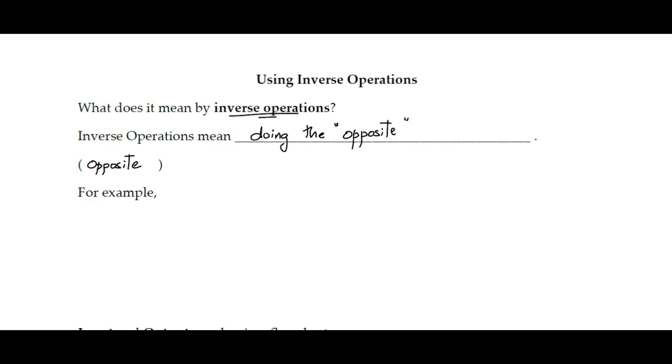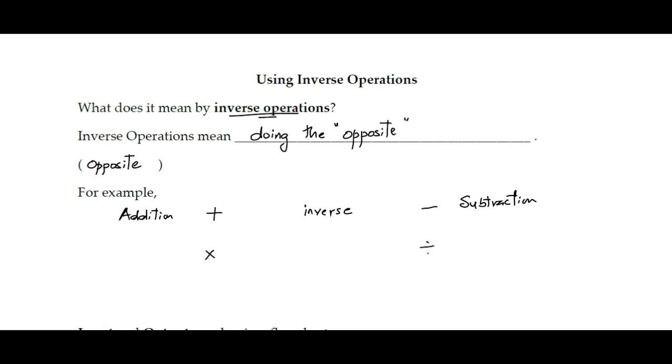For example, if I have addition, what's going to be the inverse of addition? The inverse of addition will be subtraction. Similarly, if we take multiplication, what's going to be my inverse?